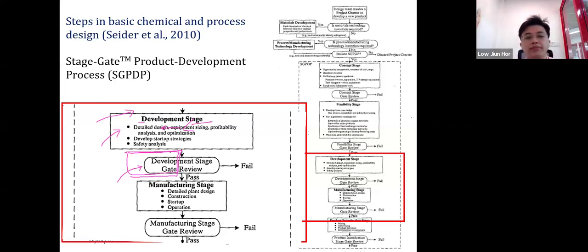Once this is approved, then only we can proceed to the manufacturing stage, to start to manufacture and produce our product.